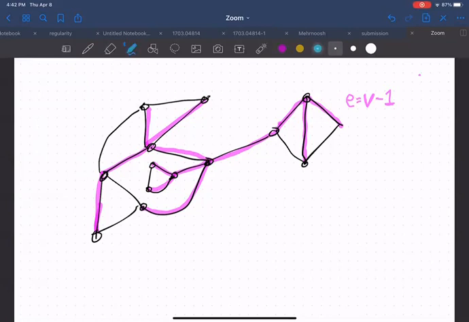All right, let's look at another object, another graph. It's the graph that we get when we put a vertex inside each face. And what edges do we put in this graph? Well, don't forget the outer face.